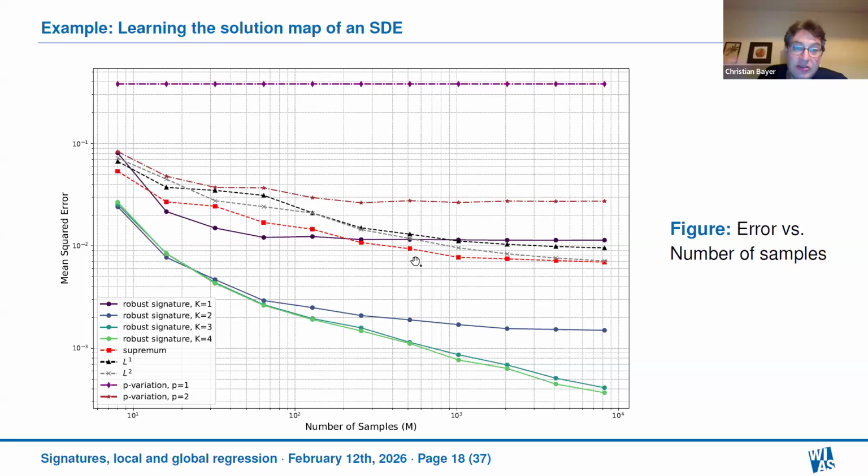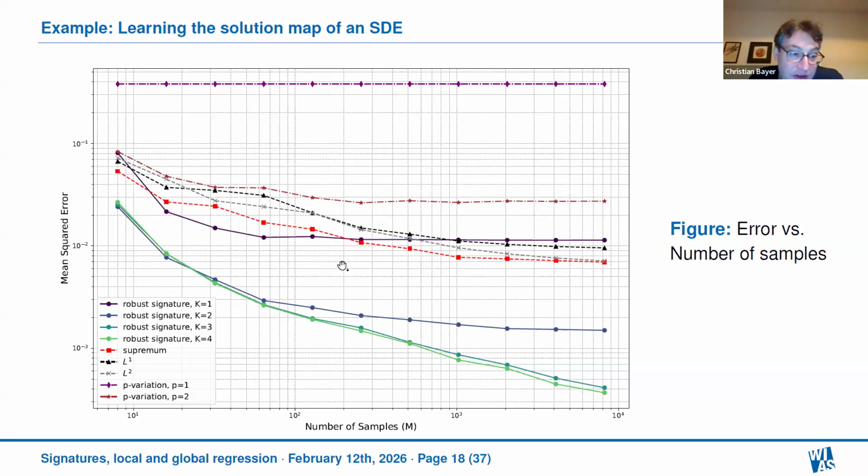The example here is learning the solution map of an SDE. Those seem to converge very fast, but of course, they do flatten out at some point. At some point, the degree 2 signature is just not enough and doesn't contain enough information. And at that point, you flatten out. We don't see it in this plot, but at some point, the same would happen for degree 3 or 4 truncated signature.